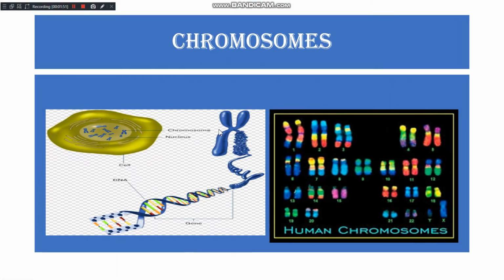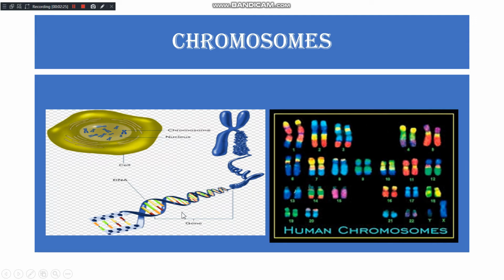A little bit of recalling of the chromosomes. Every human cell has a nucleus, and in the nucleus the thread-like structures are present, and during cell division they convert into chromosomes. The chromosomes are made up of DNA, and the part of DNA which carries a special information is called a gene.